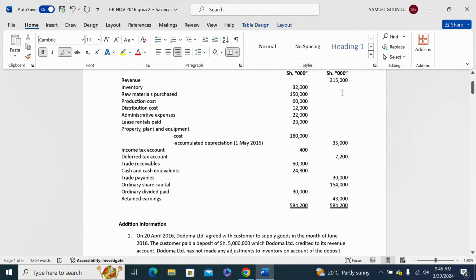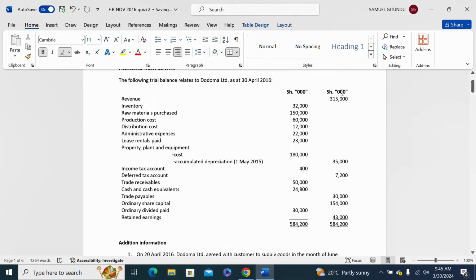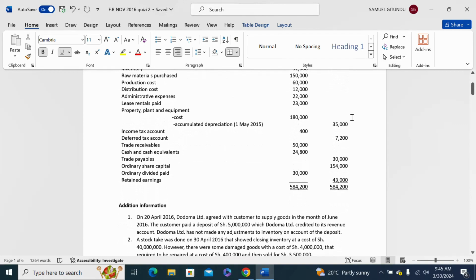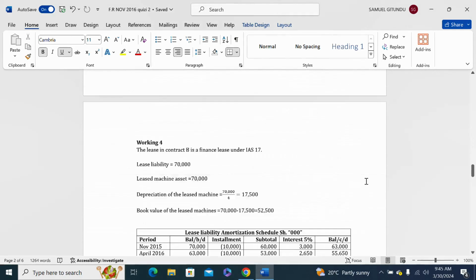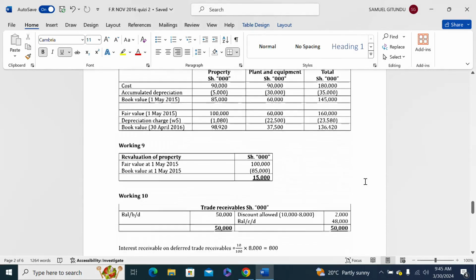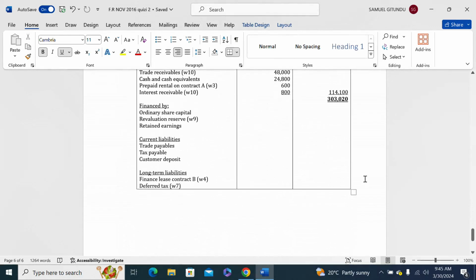The ordinary share capital from the trial balance is 154 million.